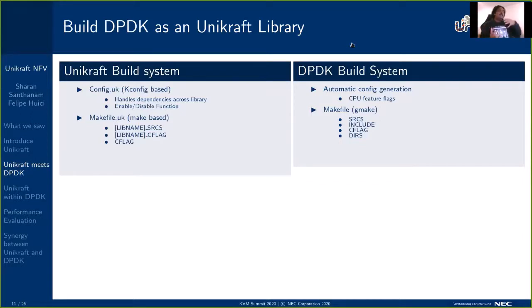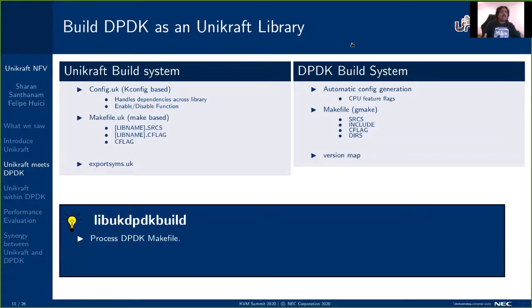Also, the Unikraft build system has a specific variable naming convention, and DPDK has a similar naming convention, which needs to be translated from one to the other. Unikraft also has something called export syms, which tries to hide unnecessary functionalities of a library from other libraries. Similarly, DPDK has a version map equivalent.